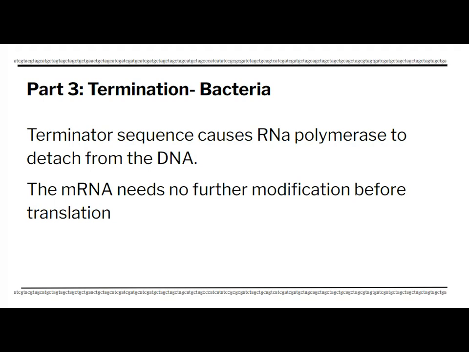Eukaryotic transcription is a little different. So bacteria will reach the terminator. The terminator sequence will be like, "Hey, stop," and then it will detach, and the mRNA will go off and do whatever the mRNA needs to do in translation, which we'll learn about on Monday.